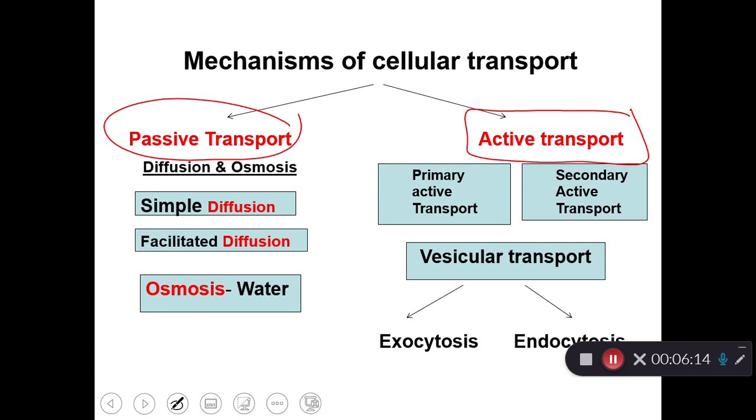In case of active transport, here we need an energy in the form of ATP. So ATP is consumed in active transport, but not in passive transport. There are three types of passive transport: the simple or passive diffusion, facilitated diffusion, and water diffusion that we call osmosis. Let's first go with the simple diffusion.